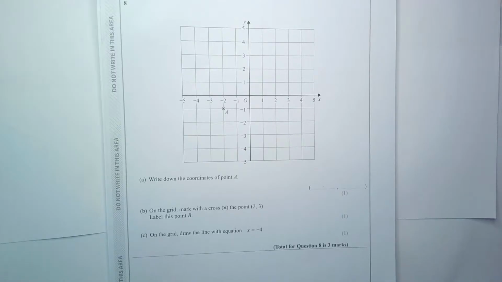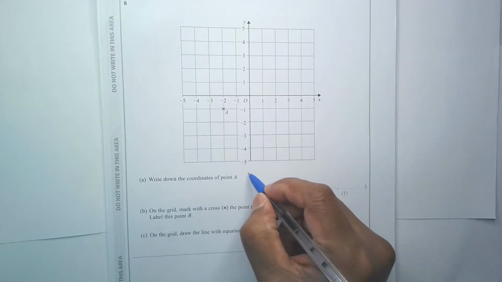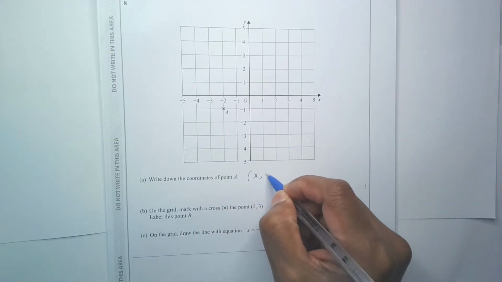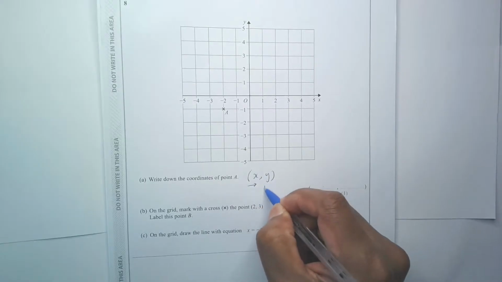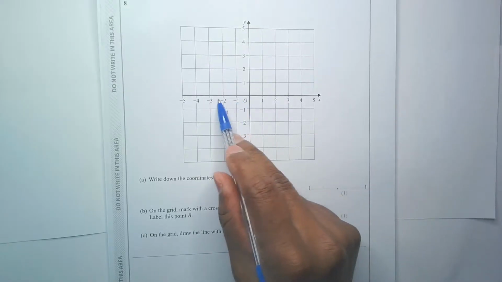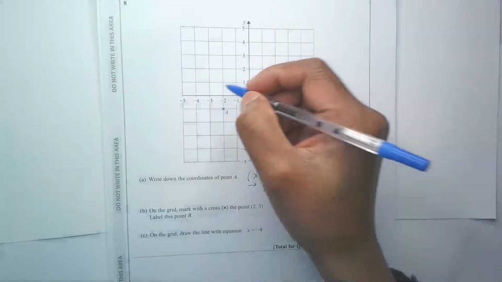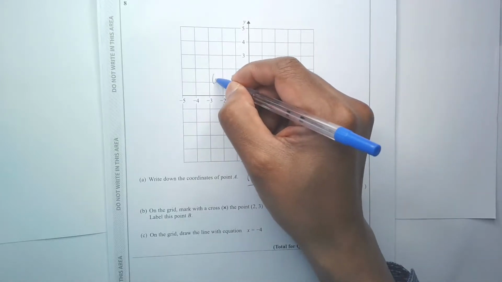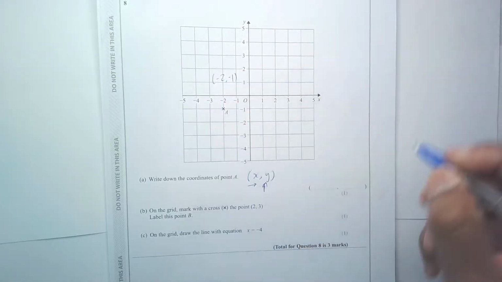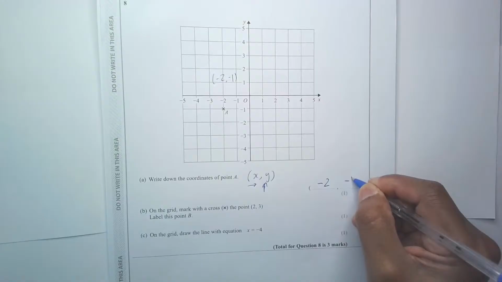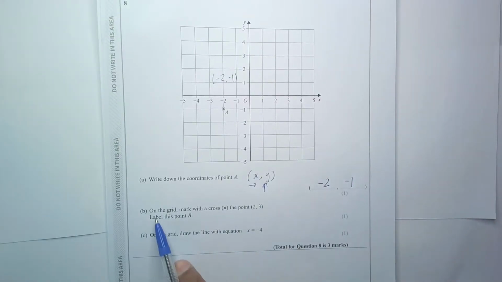And so when we're doing coordinates, we've got along the corridor, up the stairs. And so here I'm going along the corridor -2 and down the stairs -1. So my coordinates are -2, -1. On the grid, mark with a cross the point 2, 3.